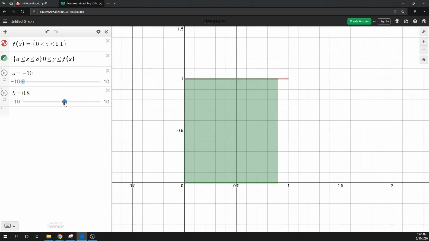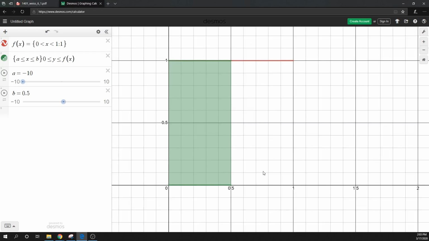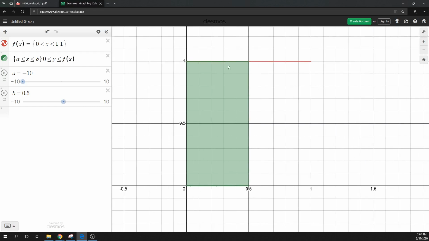What they're saying is that if I just pick any number in between 0 and 1, say like 0.5, a half, and look at the area underneath the density curve, here's the density curve and the x-axis right here, between those two numbers, 0 and a half, if I calculate the area of this green shaded region, it's going to come out to be a half.